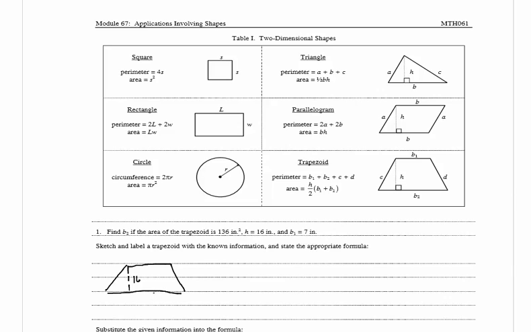And we know that B1 is equal to 7. And we're looking for B2. And our formula is area is equal to H over 2 times B1 plus B2.